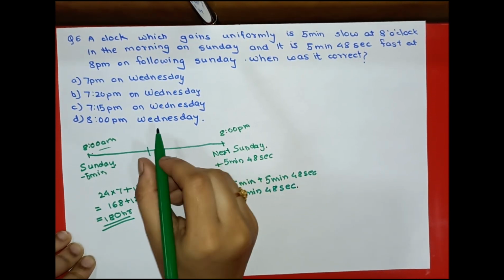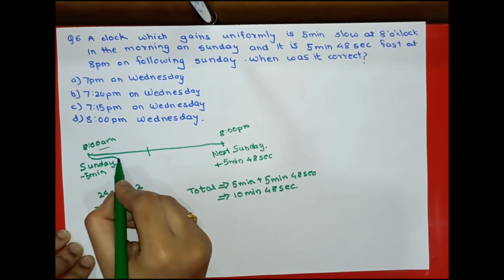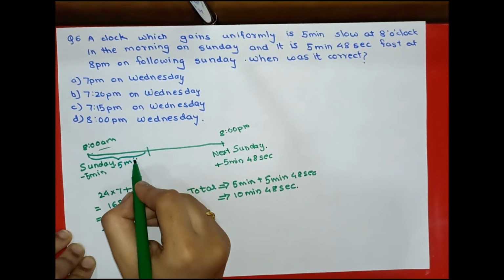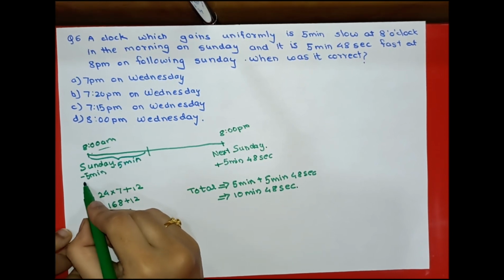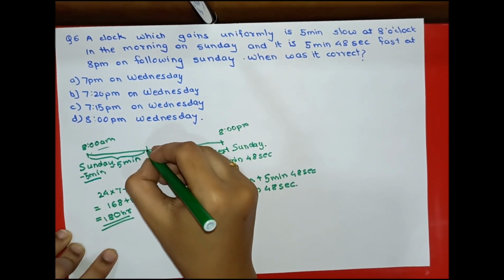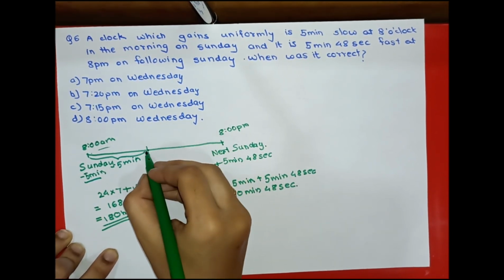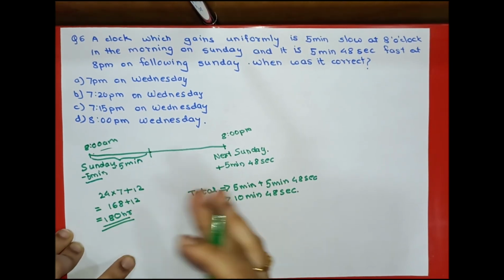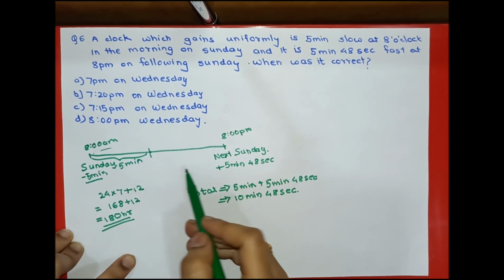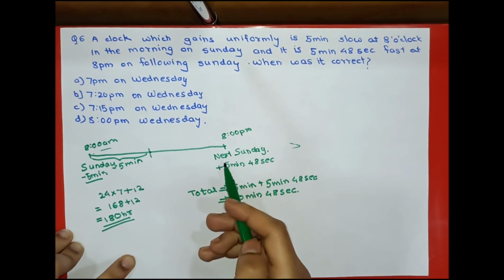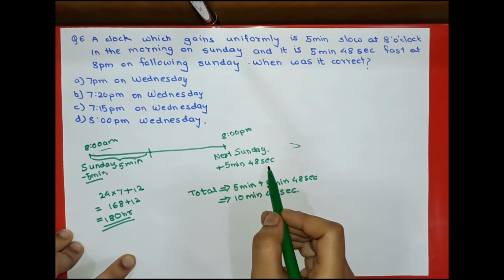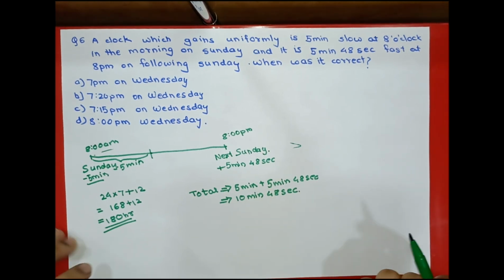But to show the correct time, the clock just has to gain over this 5 minutes difference of time. When the clock gains this 5 minutes, it will show the correct time, and after that it will again gradually go faster, and after it reaches 8 p.m. on the Sunday, the time it will show will be 5 minutes 48 seconds more.